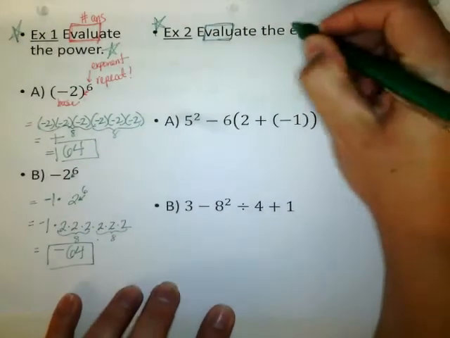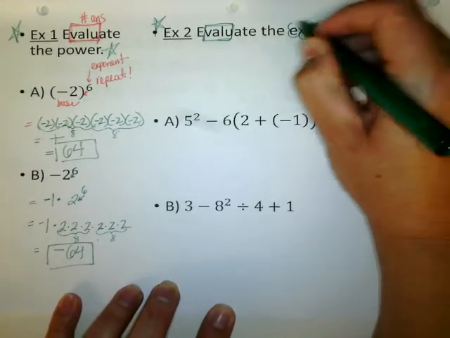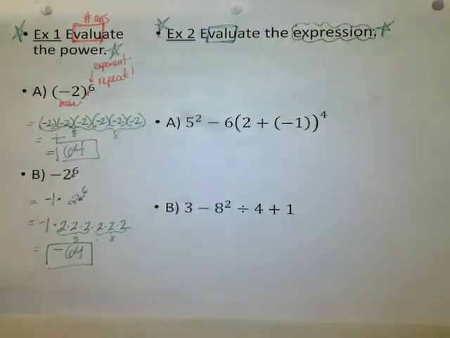And my question to you is, what's an expression? Yes. It's an equation, but not the answer. So no equal sign, you're thinking. Yeah, okay. That's very good. So the difference between an expression and an equation is that an equation has an equal sign.